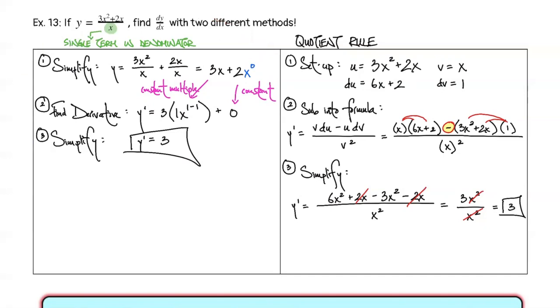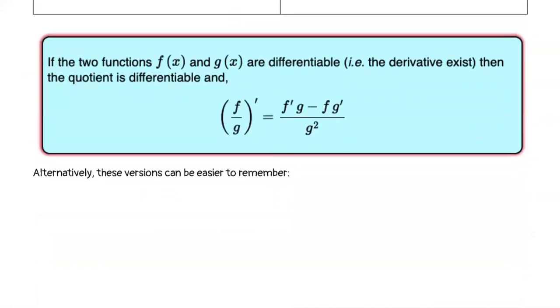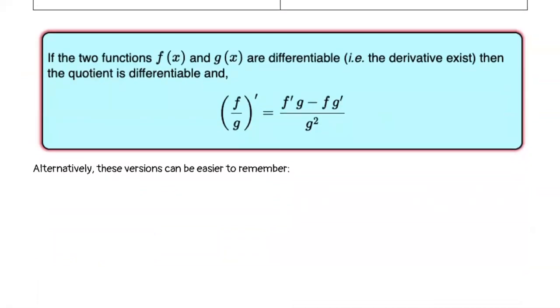All right. So here is the formula. Here's one version of the formula. Okay. So if two functions are differentiable, meaning you can take the derivative of each one, then the quotient is differentiable, and you have a rule that we call the quotient rule. Okay, so this is our quotient.